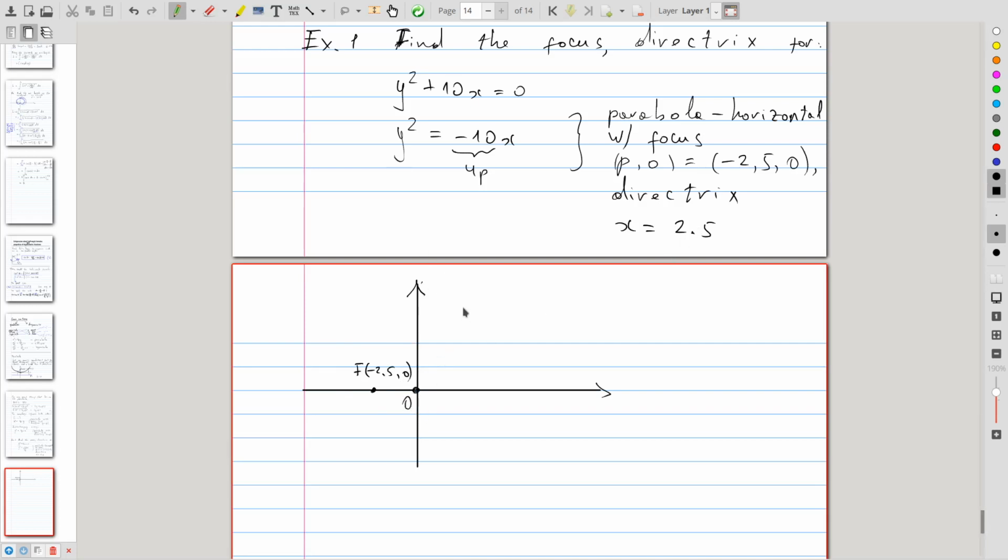And then the directrix is oriented vertically. So this is our directrix. And so using this information, you can easily sketch the graph of the parabola. It passes through the origin and looks something like this.